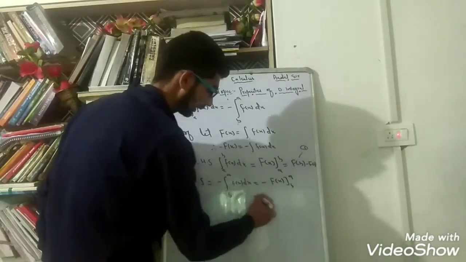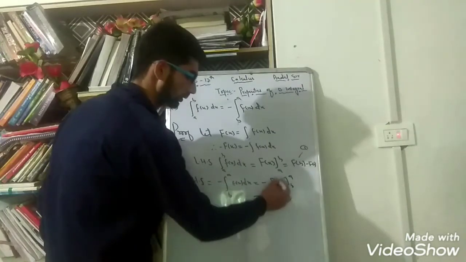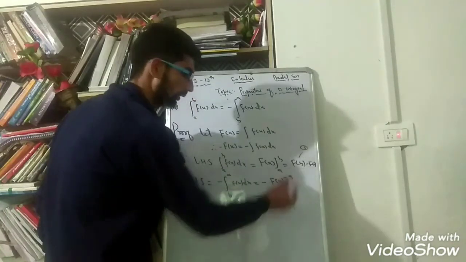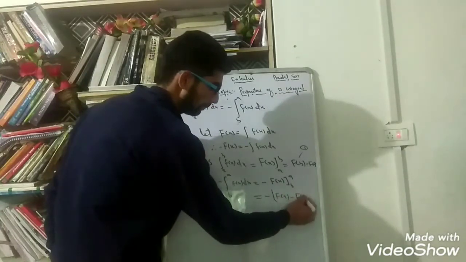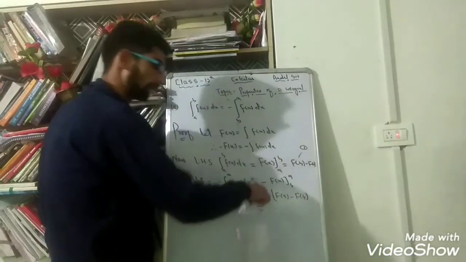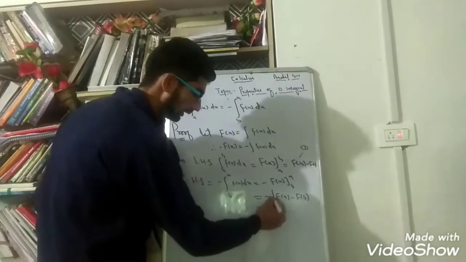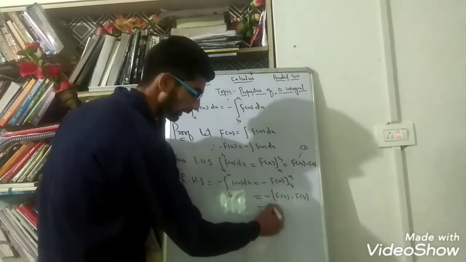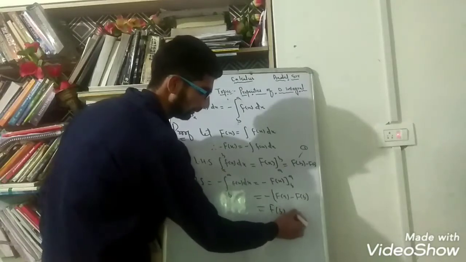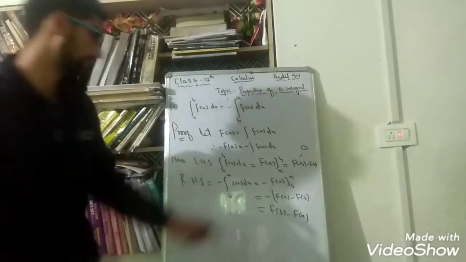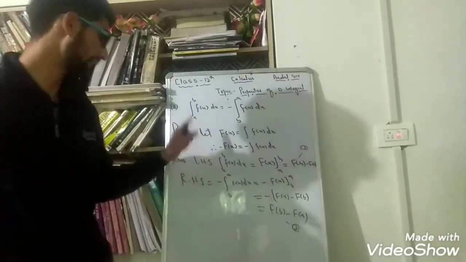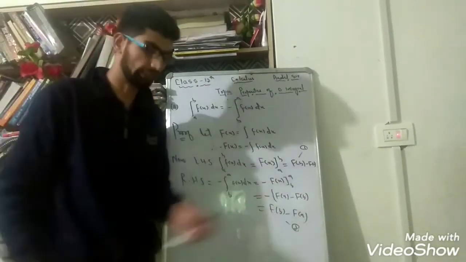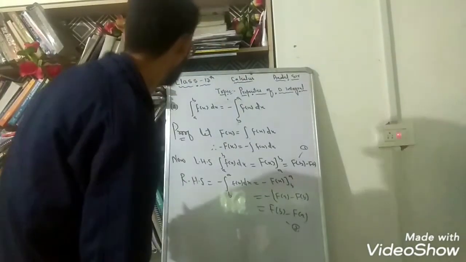So by the fundamental theorem, it will be equal to minus into F of x, we have to put the upper limit, that is a, minus F of b. When we multiply this minus, it will be F of b minus F of a. Hence, from the first equation and this one, we are getting LHS equal to the RHS. This is my second property.